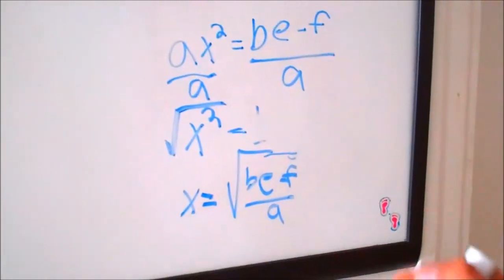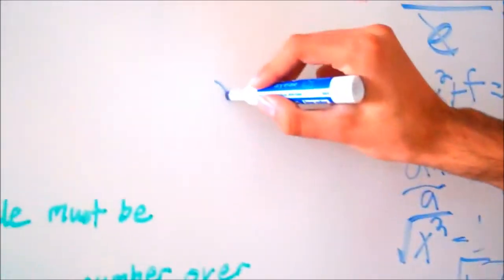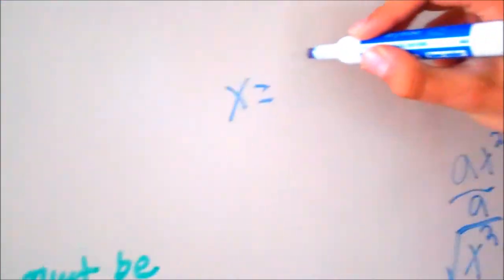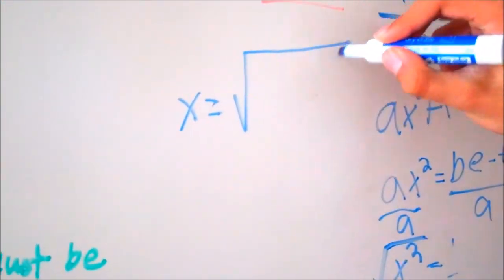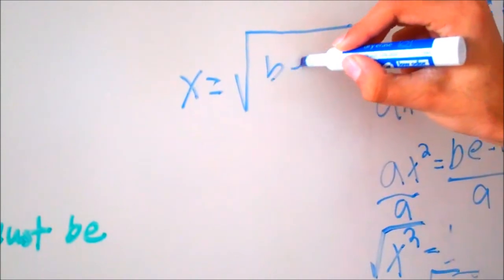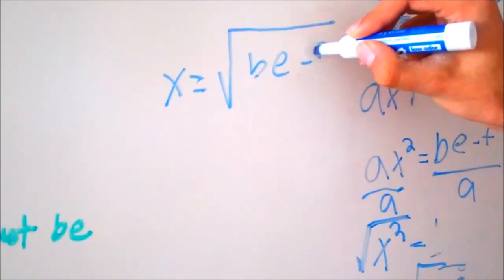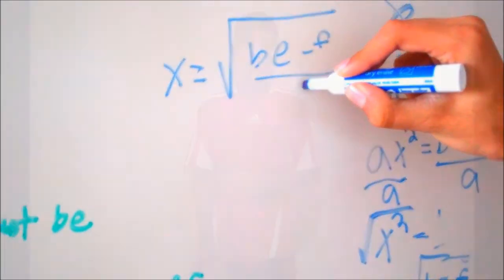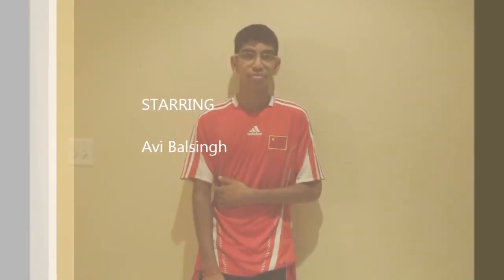And just to make it a little bit cleaner, this would be our final answer: x equals the square root of (be minus f) over a.